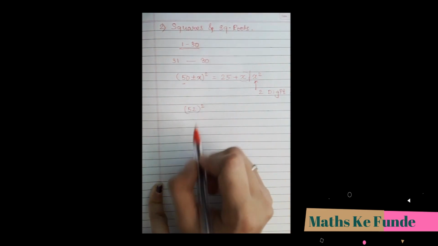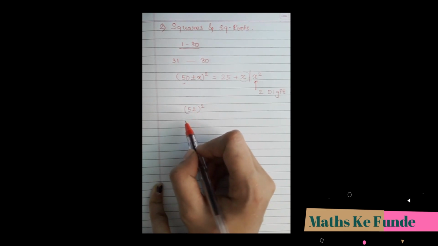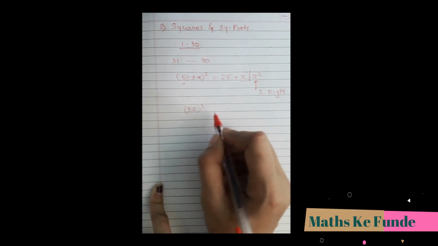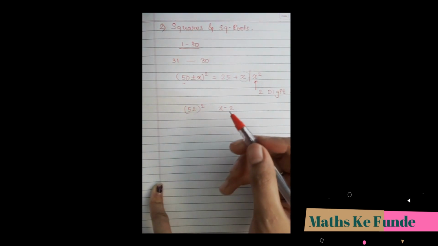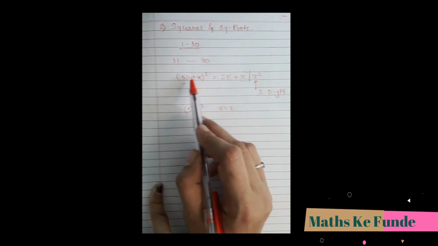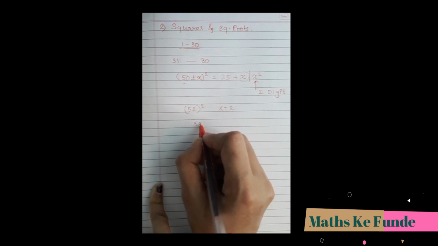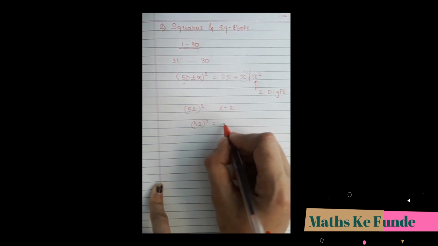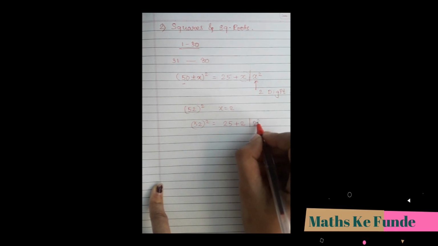Now if you observe 52, how much am I adding to 50? I'm adding 2. So the value of x here will be equal to 2. Since I'm adding to 50, I will go with the formula of 50 plus x. So 52 square is going to be 25 plus 2, slash, 2 square.